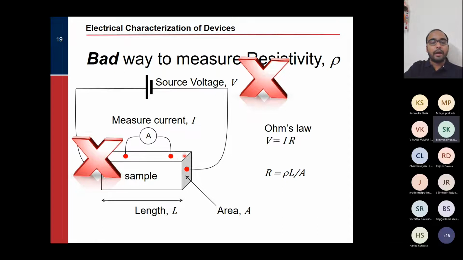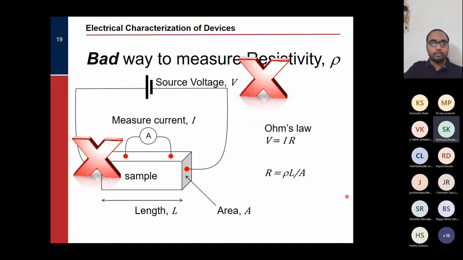So this part and that part of the sample will be completely detached, or let's say they will not contribute towards the conduction. So if I measure the voltage between this point and this point, then it is measuring something which is not part of the actual excitation that I'm giving to the sample.